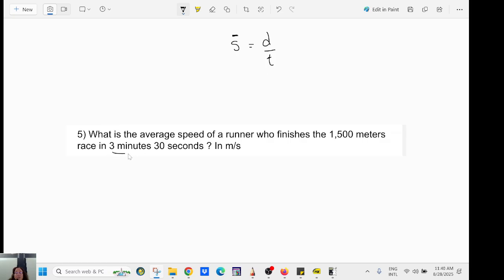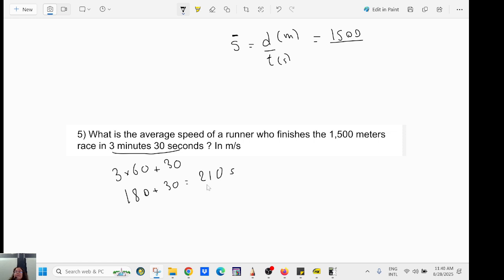So the time has to be in seconds, and the distance has to be in meters. So 30 seconds is good. This is not good, so you have to convert. Yeah, 210 seconds, right?